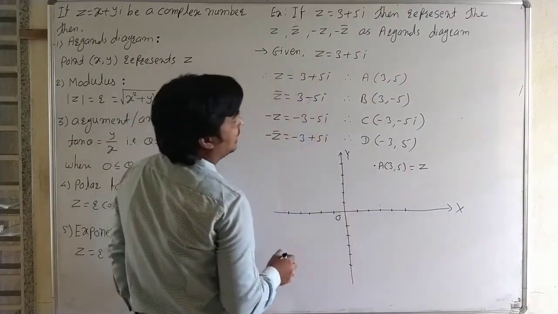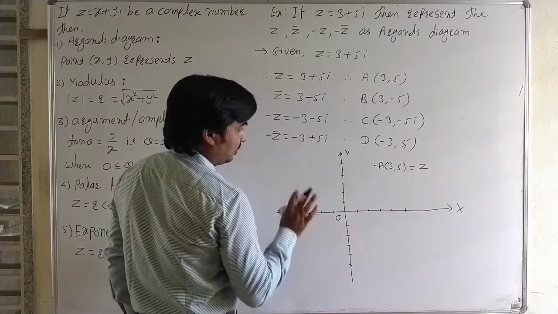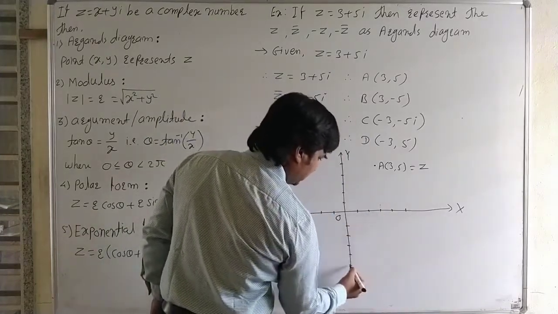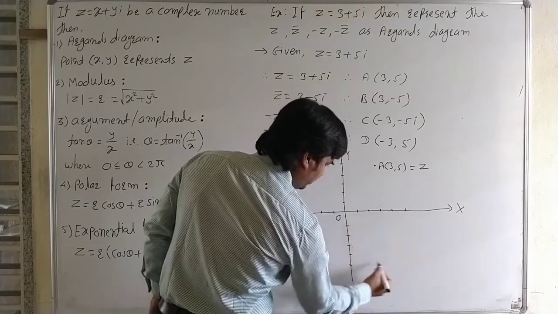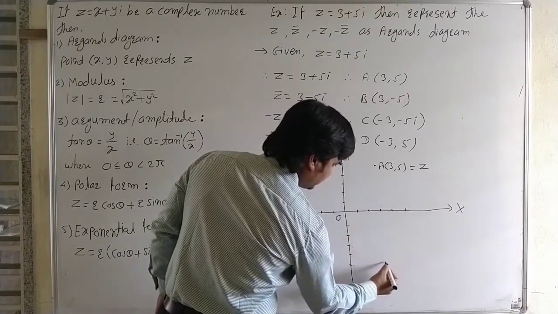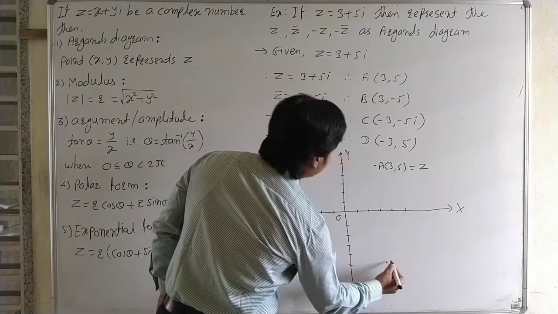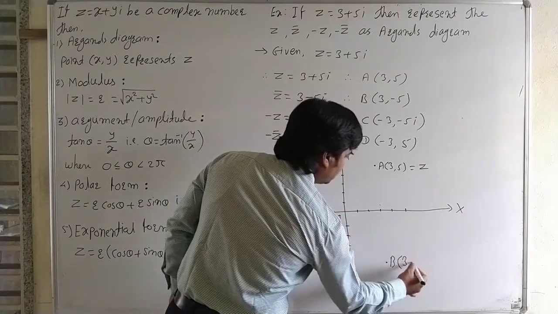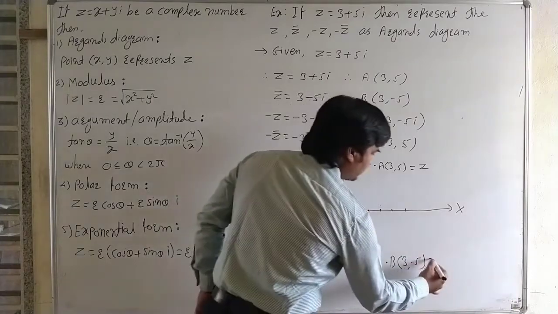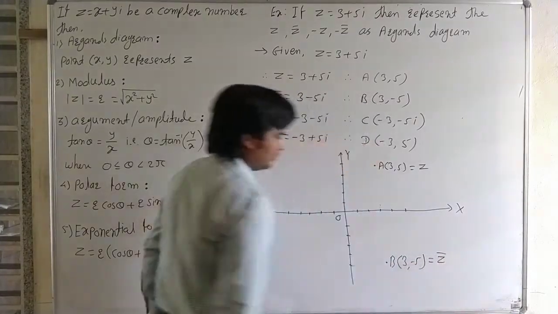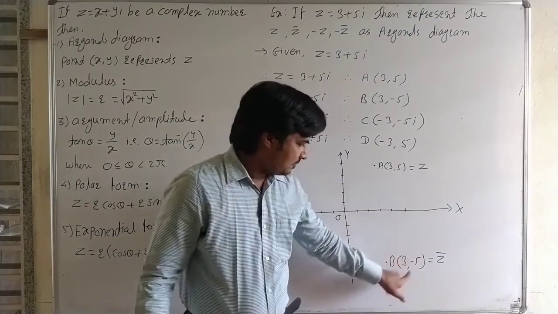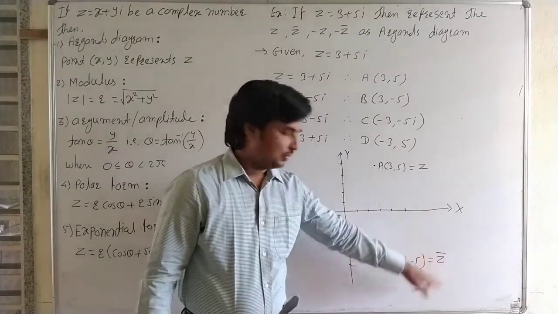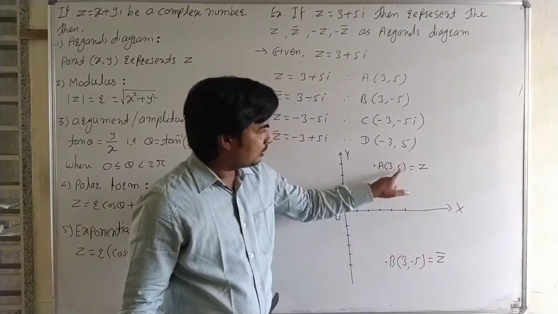Then the second point, 3 comma minus 5, is z bar. Here it is 3 and minus 5, therefore the point is B. The point 3 comma minus 5 represents z bar, that is 3 minus 5i, and z is 3 plus 5i.